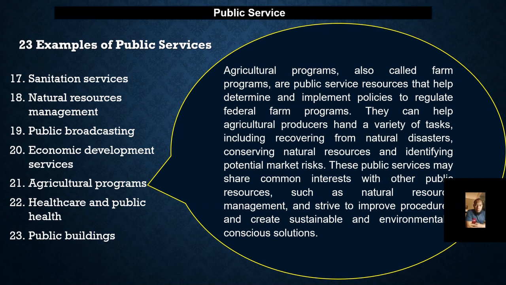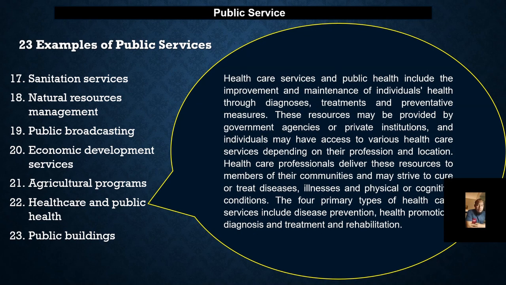Number 22, healthcare and public health. Healthcare services and public health include the improvement and maintenance of individuals' health through diagnosis, treatments, and preventive measures. These resources may be provided by government agencies, like the Department of Health. In the BARM, we have the Ministry of Health. Or private institutions, sometimes like the UNHCR, the UNICEF.